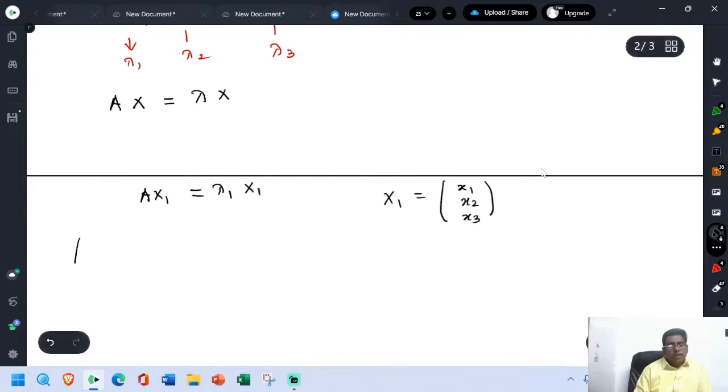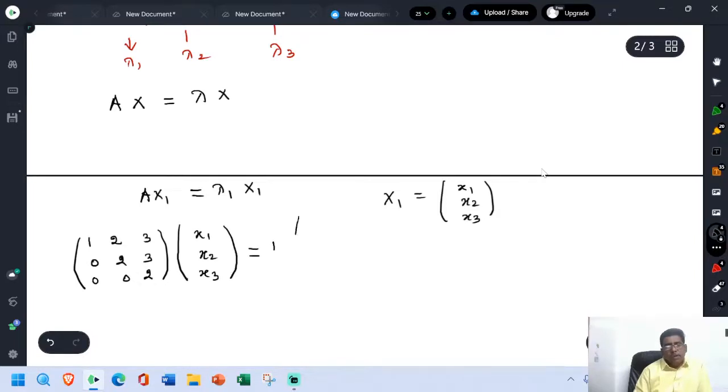Now the value of A is the given matrix 1, 2, 3, 0, 2, 3, 0, 0, 2. Then the value of lambda 1 is 1.